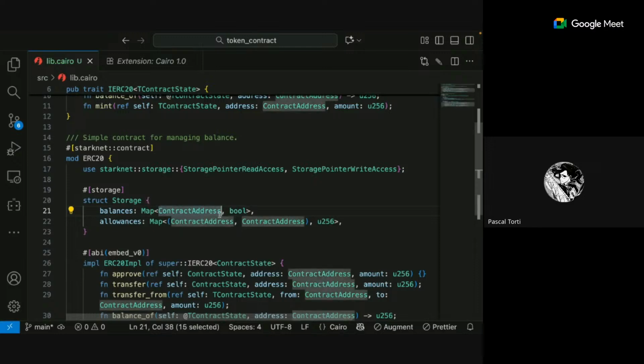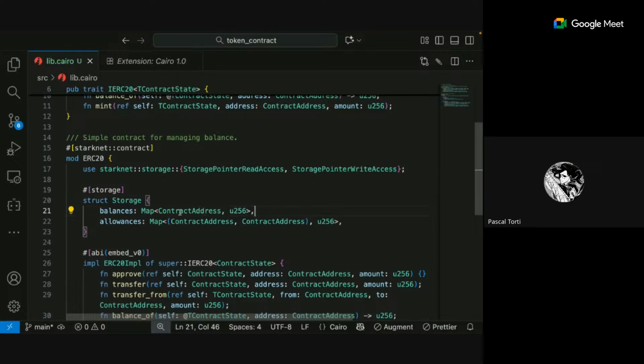If you read a key you have not written to, maybe I'll be writing contract addresses 0x0, 0x1, and the rest. And now there is one contract address, 0x4, that you have not written to. If you read the value of that 0x4, this value will be false. So I think that's that.